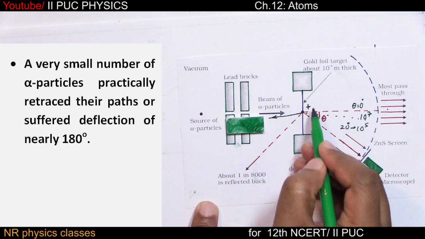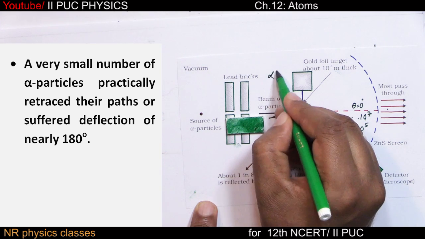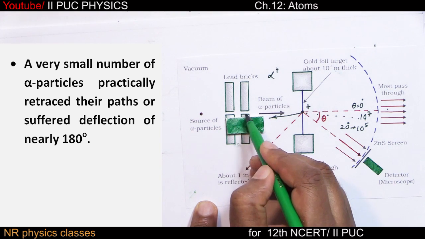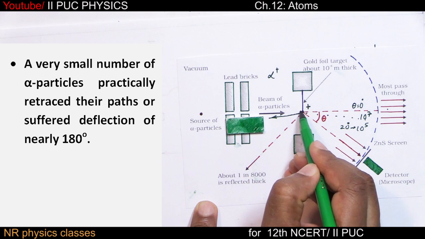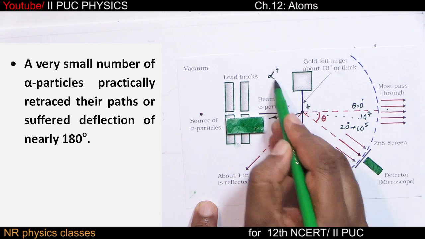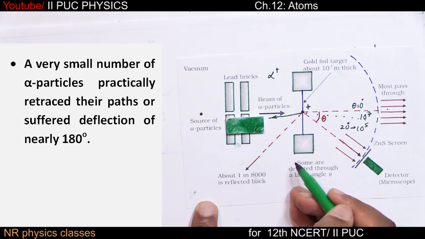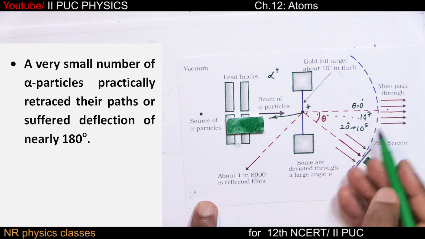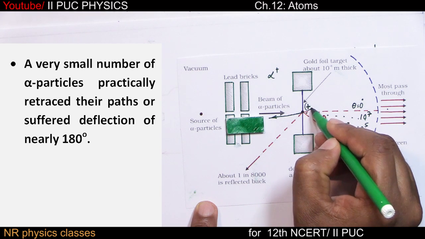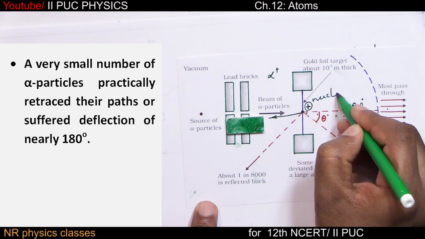That heavy positively charged particle is reflecting this alpha particle because alpha is positively charged. If this positively charged particle approaches the heavy positively charged particle in the gold foil, due to repulsion, it can retrace. And later they said that this heavy positively charged particle is nucleus.